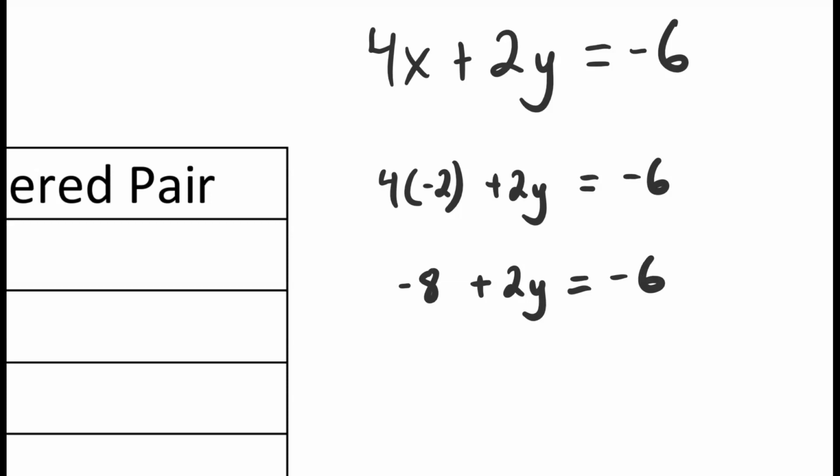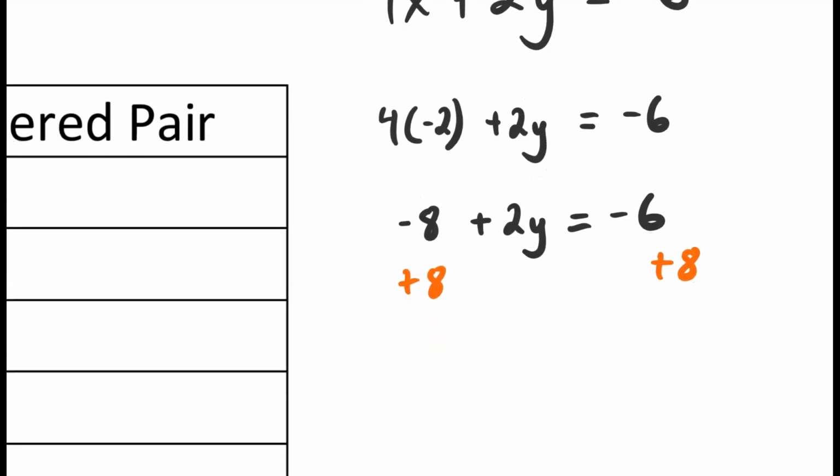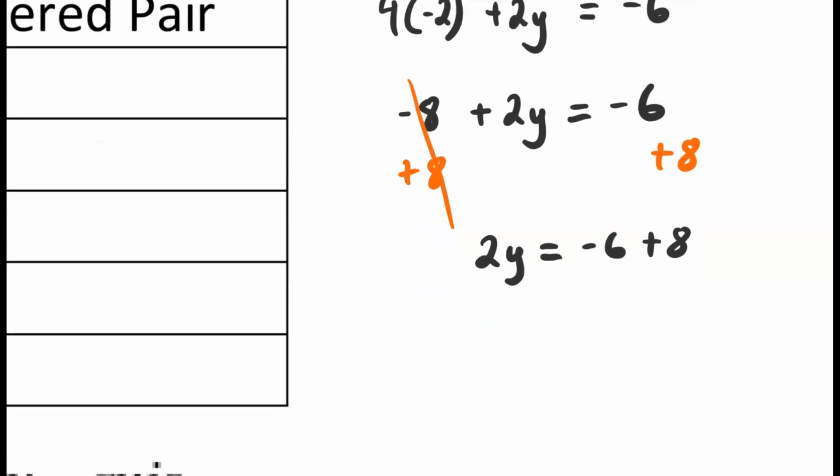Now we want to get y by itself here. So add 8 because we're doing the opposite. Now that'll cancel that off, and we'll be at 2y equals negative 6 plus 8. 2y equals negative 6 plus 8 gives us 2.